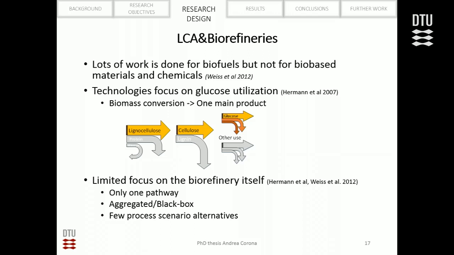So rather than a biorefinery concept, those can be grouped more as a biomass conversion. And the third point, coming out of the literature review, is that there's a limited focus on the biorefinery itself. Some of the studies look at only one conversion pathway. They don't assess different processes within the conversion pathways, or they present the biorefinery in an aggregated way, as a black box.